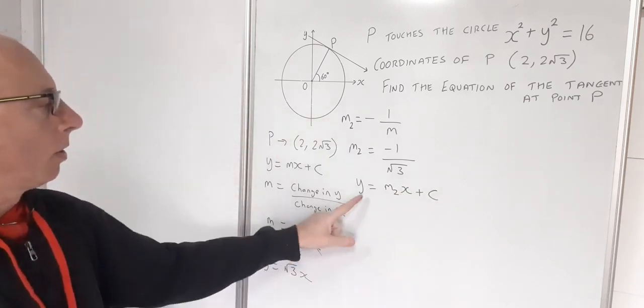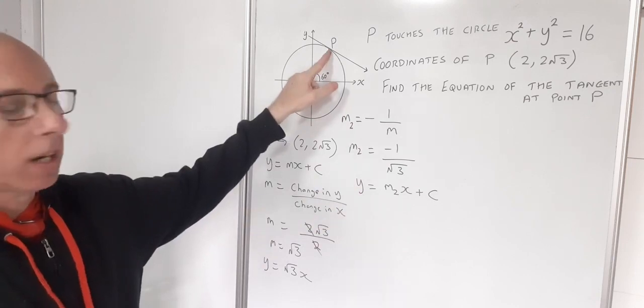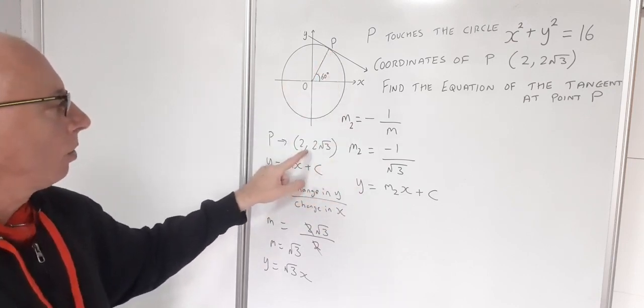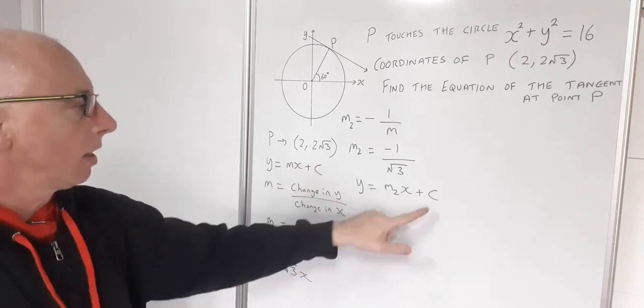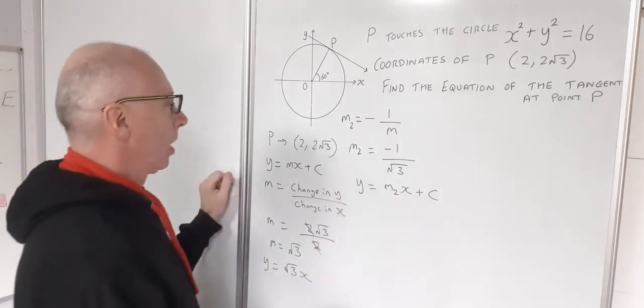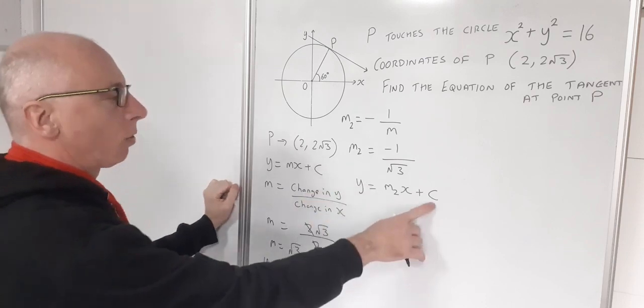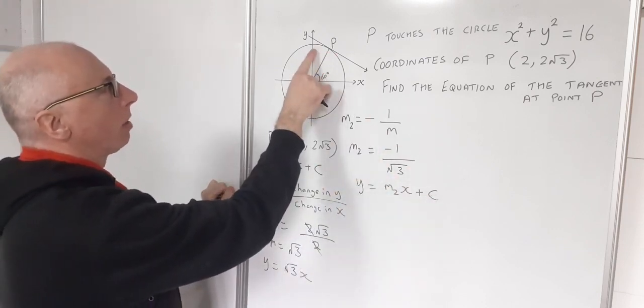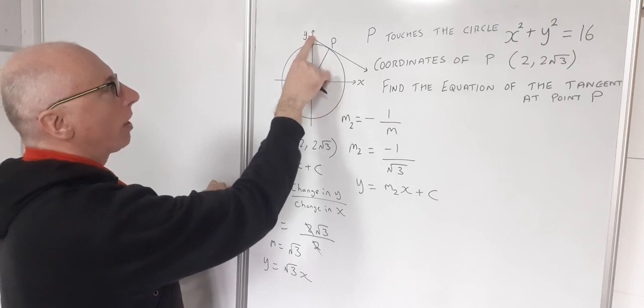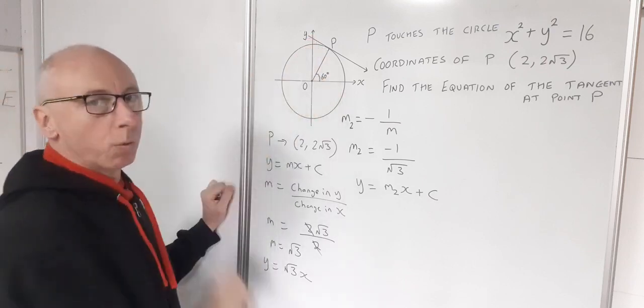Okay, now we've got some coordinates already on this line. We've got x is 2 and y equals 2 root 3. So we can plug them into this and find our value for c. So hopefully we'll get a value for c which is greater than 2 root 3, because we know it's going to touch the line here on the y-axis above our coordinate here.